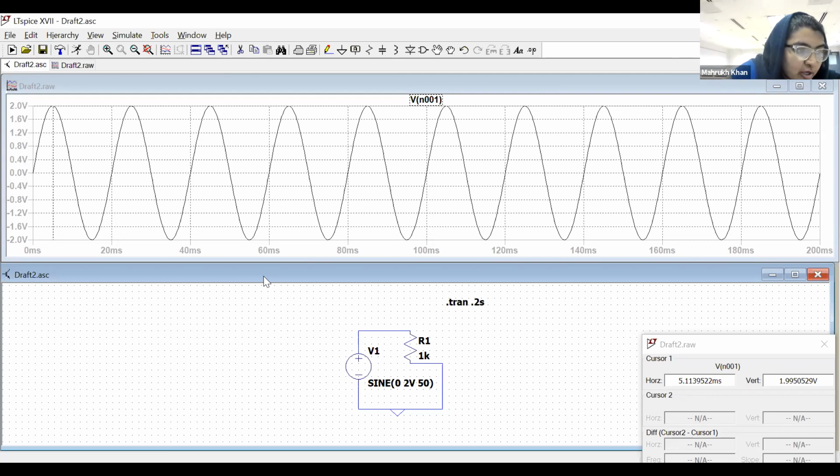But here they are talking about peak to peak voltage, which is 4. So that's why they are doing 4 by 2 into 0.707, or divided by square root of 2. Make sense?